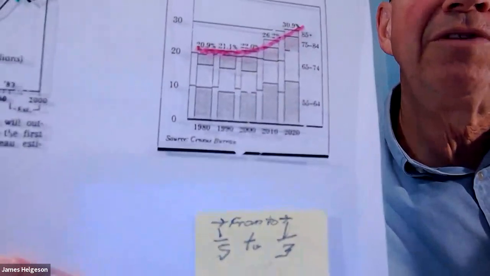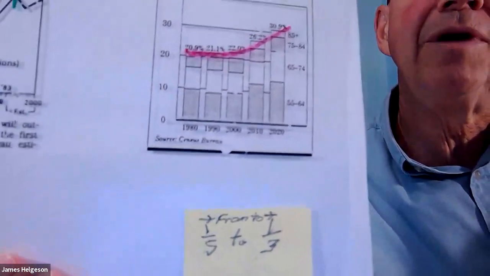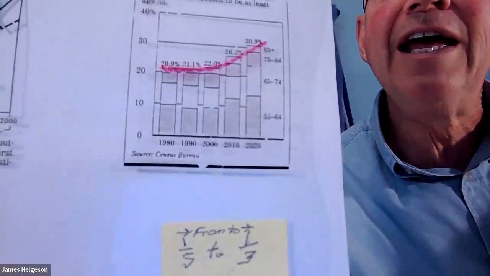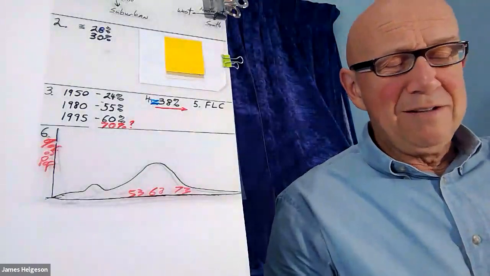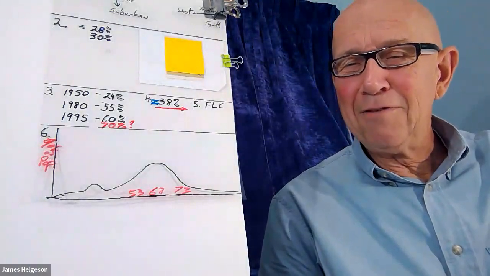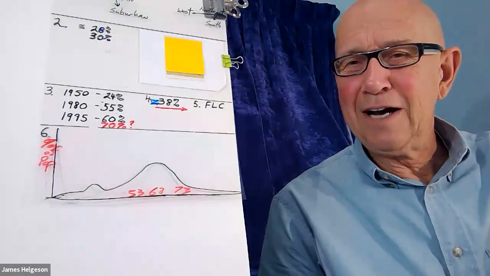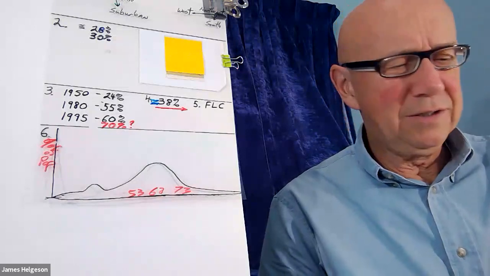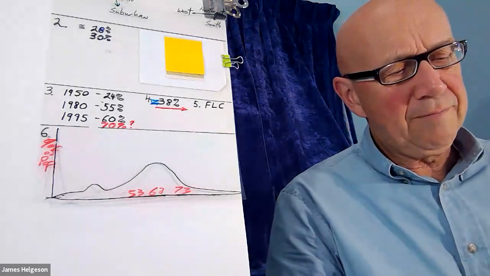But from a fifth of the population to a third of the population, 55 years and older. And so you got the graying, back to the investing in health kinds of stuff and think about leisure time and discretionary income and some of these things. Okay.